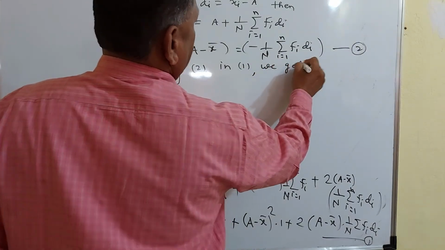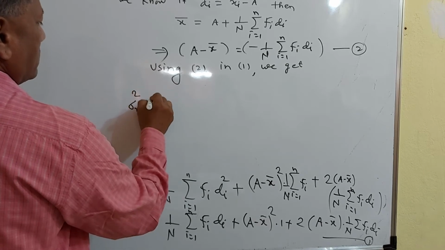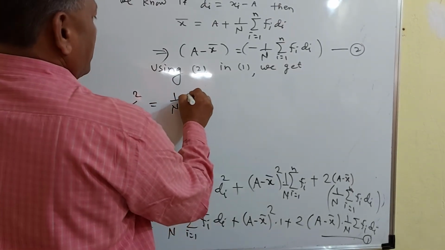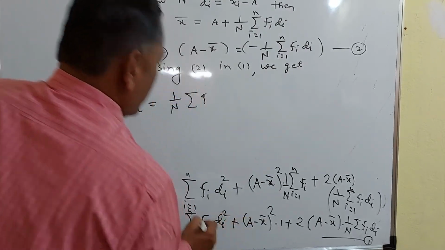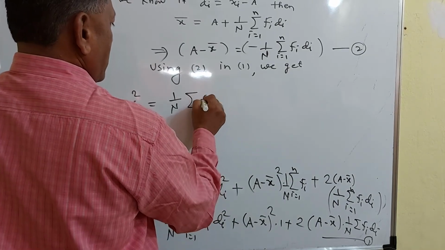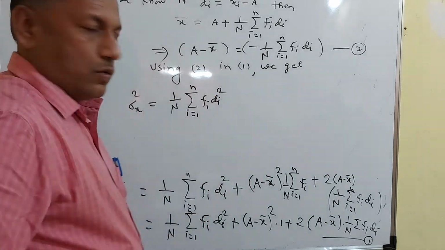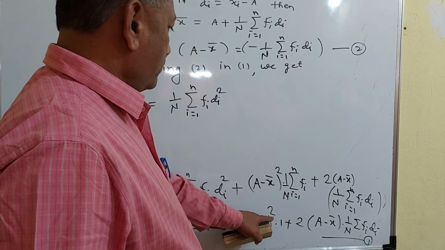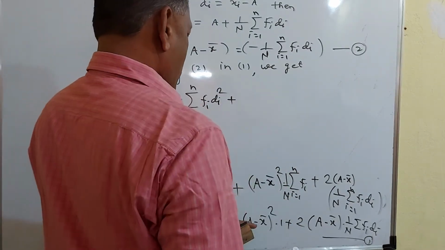So what is 1? Sigma x square is equal to 1 upon n summation of fi into di square, i going from 1 to n, then plus a minus x bar square.